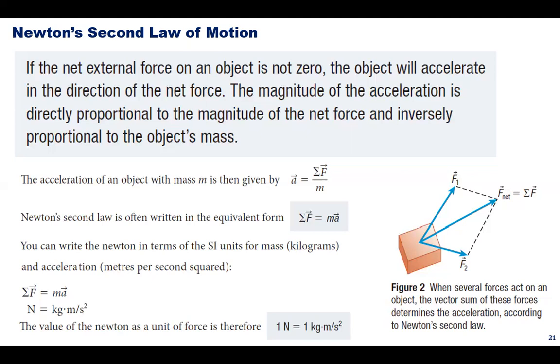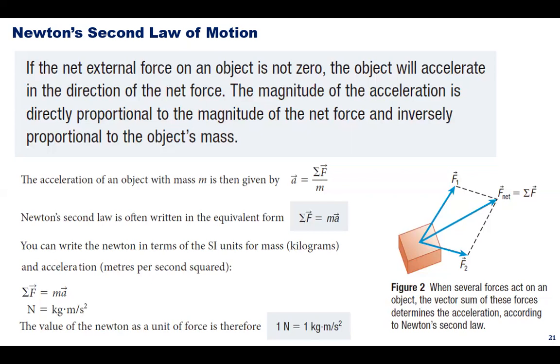Well, this implies Newton equals kilograms times meters per second squared, right? So the value of the Newton as a unit of force is therefore 1 Newton equals 1 kilogram times 1 meter per second squared.